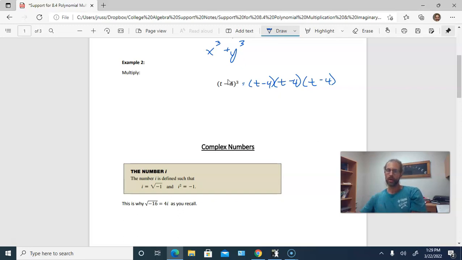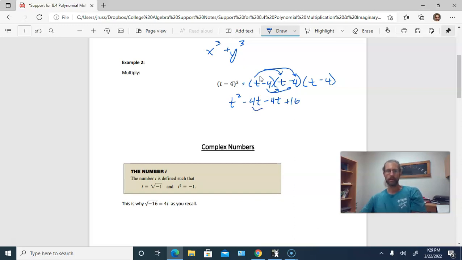So just start off with your first 2 binomials. t times t is going to be t squared. t times negative 4 will be negative 4t. And then here on the bottom, negative 4 times t is another negative 4t, and negative 4 times negative 4 is a positive 16.